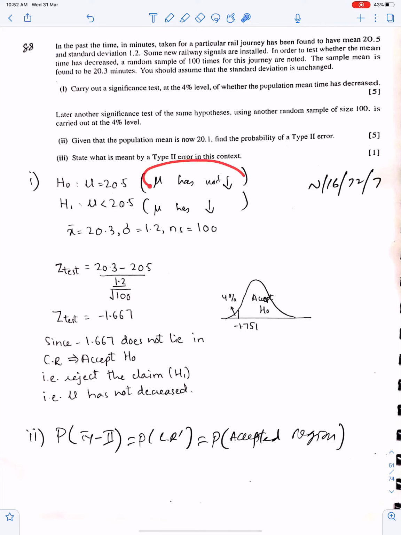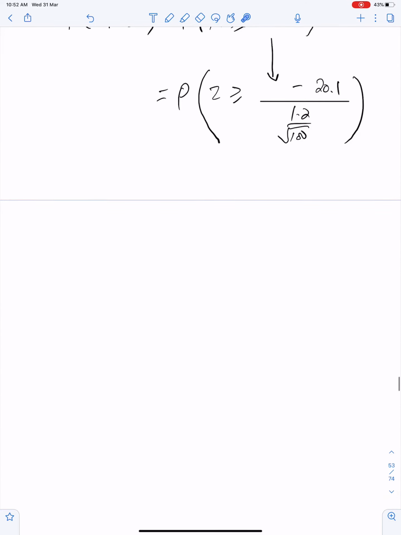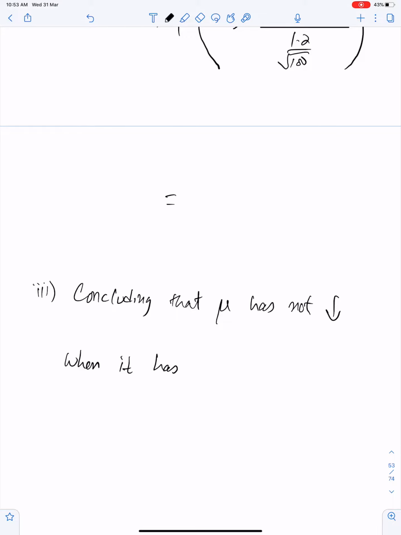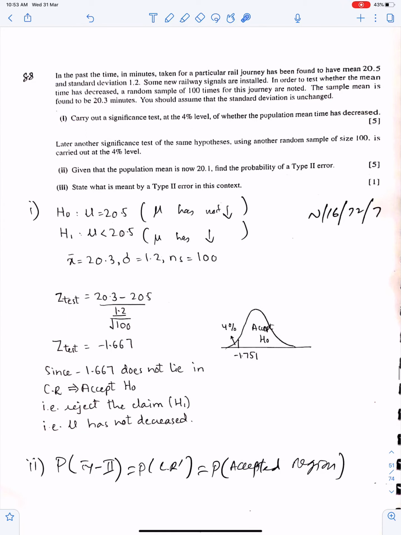So type 2 means concluding that mu has not decreased when it has decreased. So always explain type 2 with the help of this information and type 1 with the help of this information.